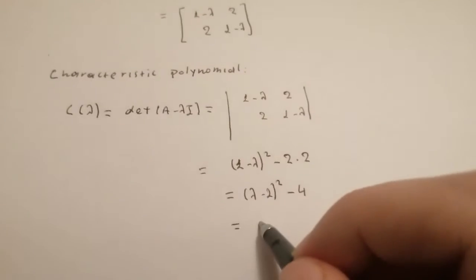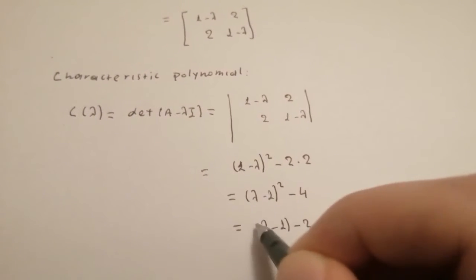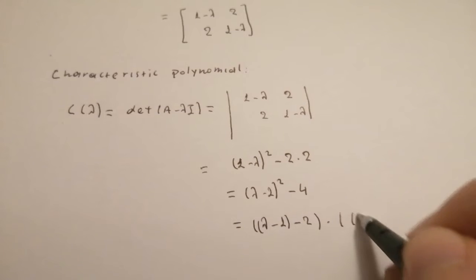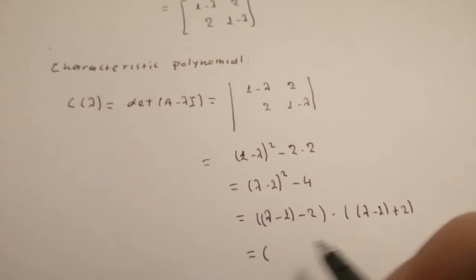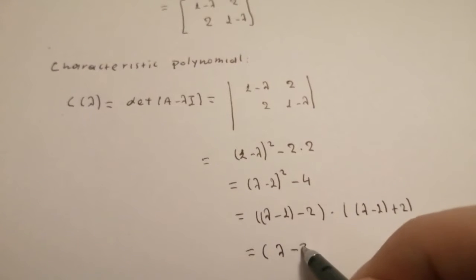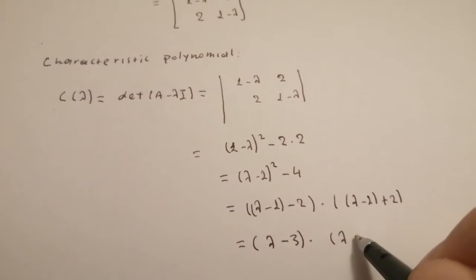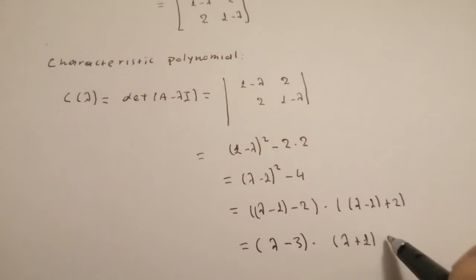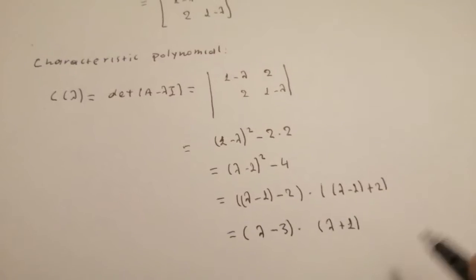We can use the identity, so we can write lambda minus 1 minus 2 times lambda minus 1 plus 2. This is lambda minus 3 times lambda plus 1. Now, what are the roots of the characteristic polynomial?